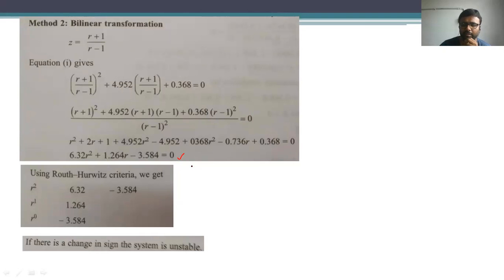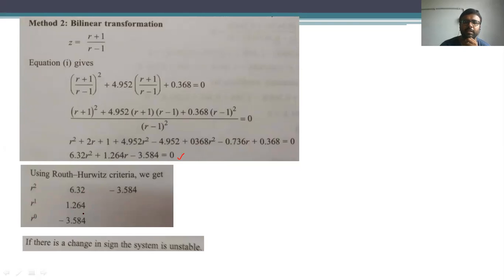After obtaining the characteristic equation, we have to tabulate the RH criteria table. The r square row consists of 6.32 and minus 3.584, and the r power 1 row has 1.264. The r naught row is obtained from the calculation 1.264 into minus 3.584 minus 6.32 into 0, divided by 1.264.